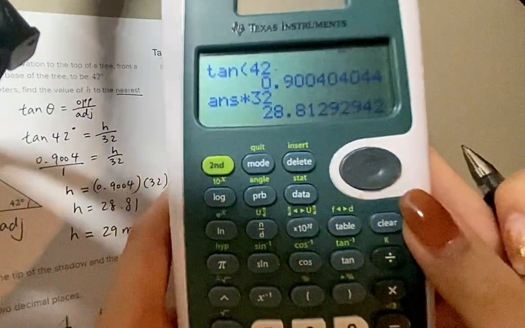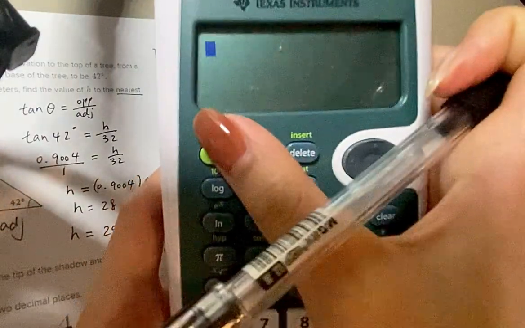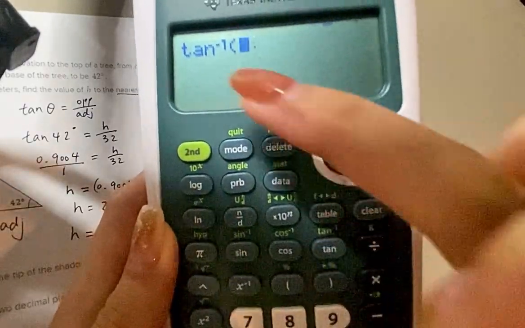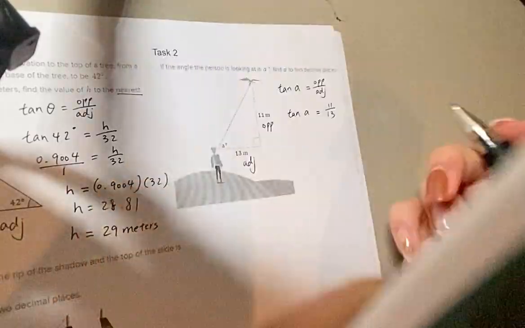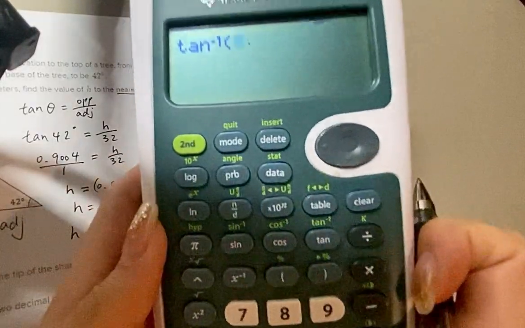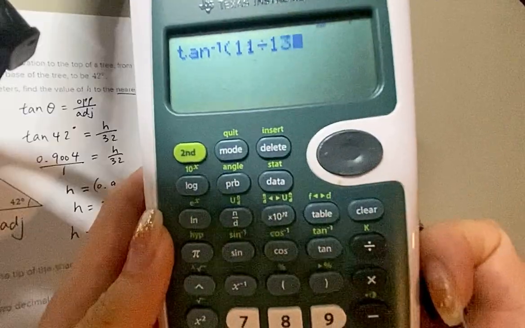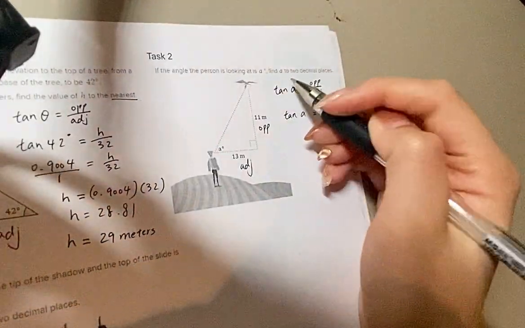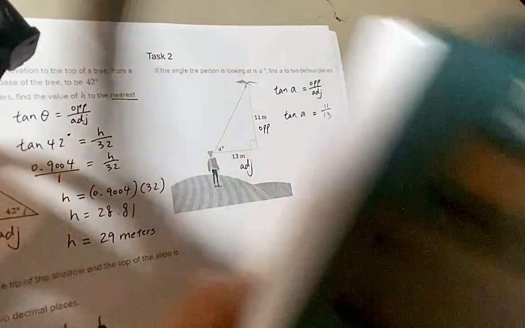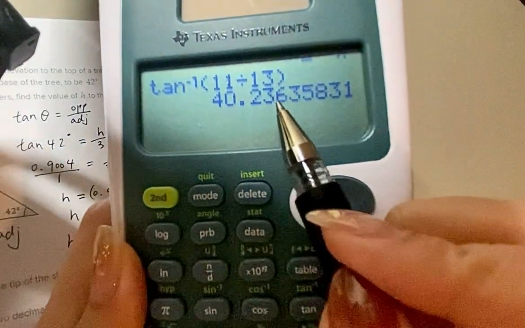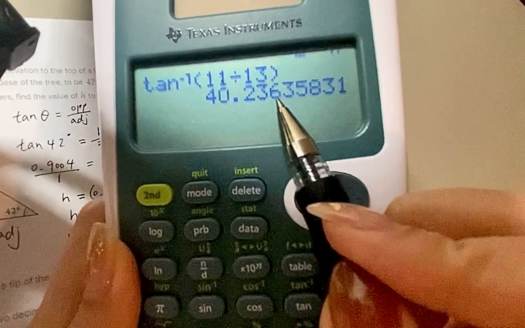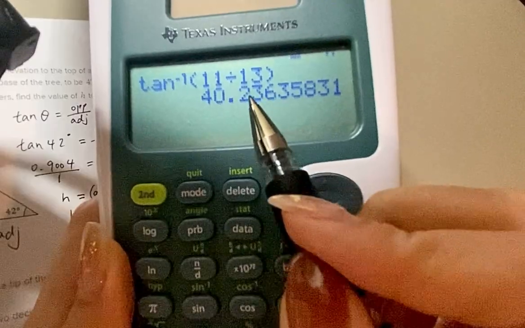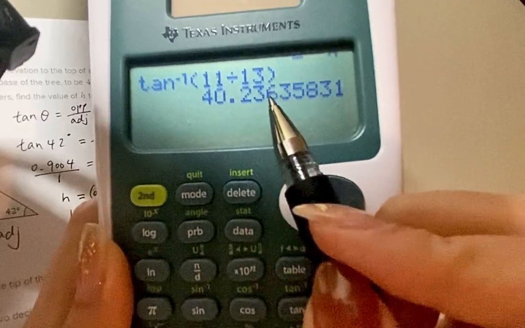So remember when we were trying to find the angle, we used the command second tan, which gives us the tangent inverse, and we'll put the ratio in. So it's 11 over 13. And this is the angle we have. So the question asks find A to 2 decimal places. So when we're trying to round, we can see that the third one is greater than 4. So we need to round it up to the second one.